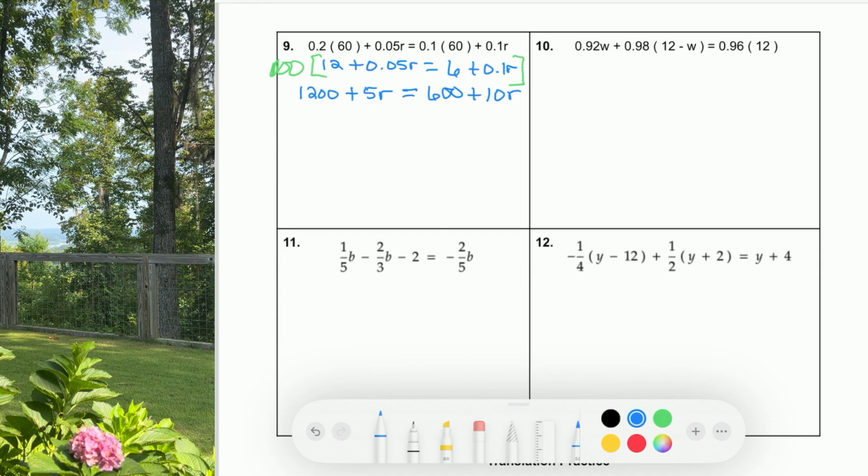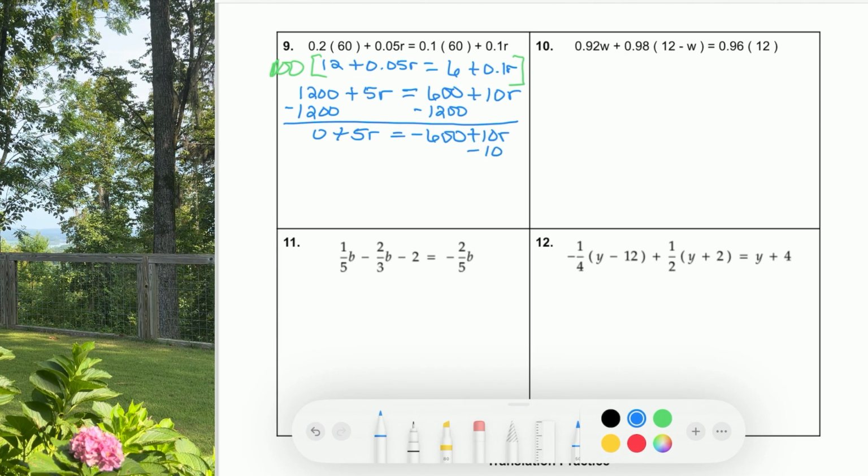So now we've gotten rid of all of our decimals and we can just work the problem like we normally would. I'm going to subtract the 1200 from both sides. I end up with 0 plus 5r equals negative 600 plus 10r.